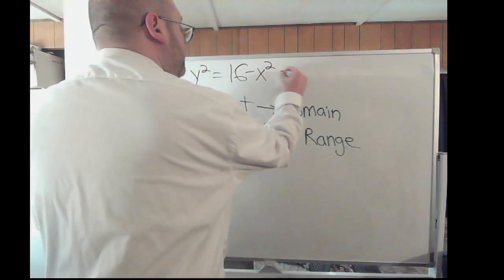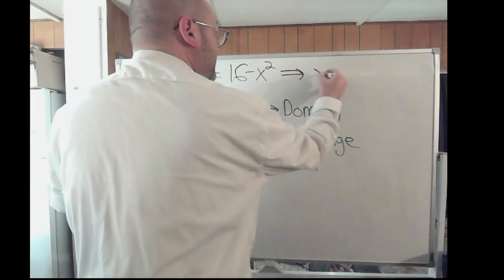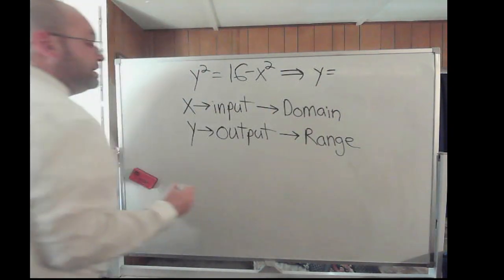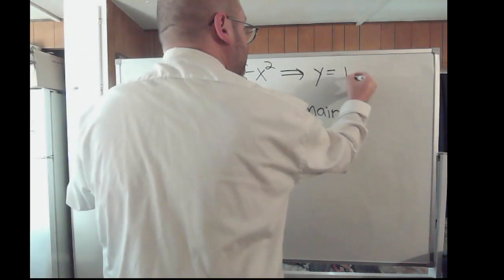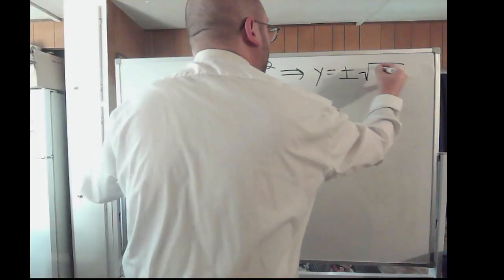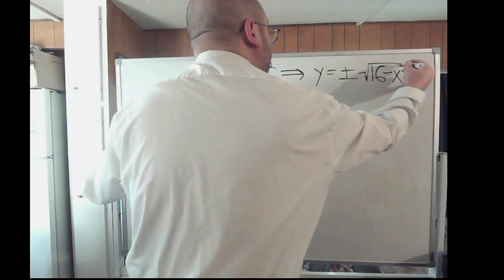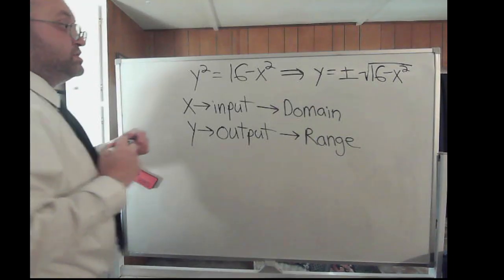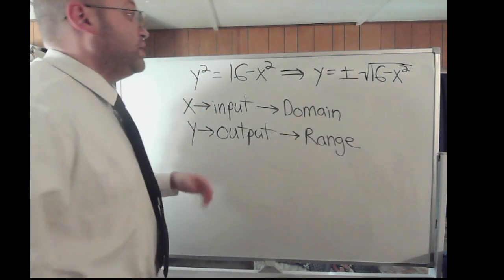Well, what do we know? We have to solve for y, so we have to take the square root. If you do that, you do in fact just get y, but you also have to take the square root of the right side, and for the right side it's plus or minus the square root of 16 minus x squared. So y equals plus or minus the square root of 16 minus x squared.